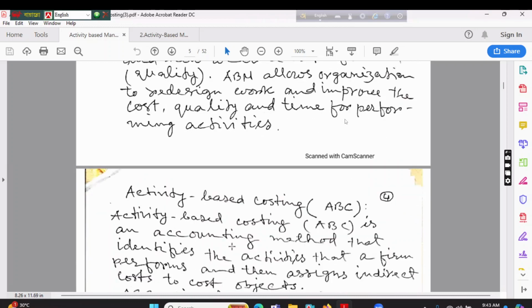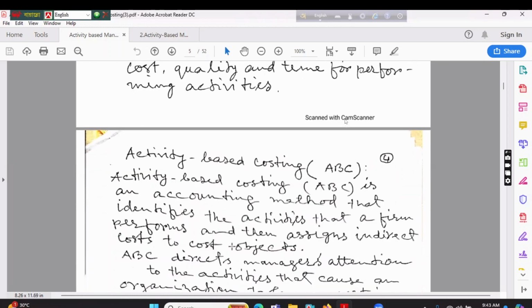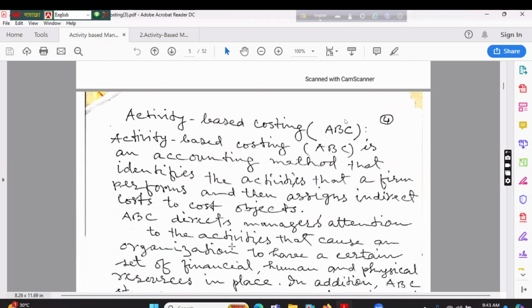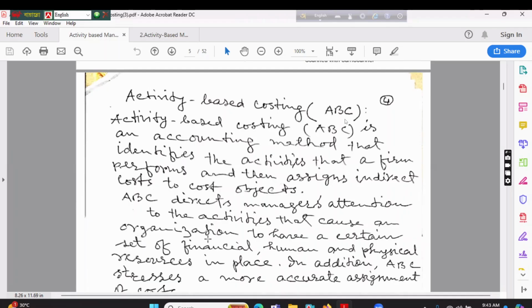Now, activity-based costing, that means costing based on activity. Costing means determining the cost of a product.